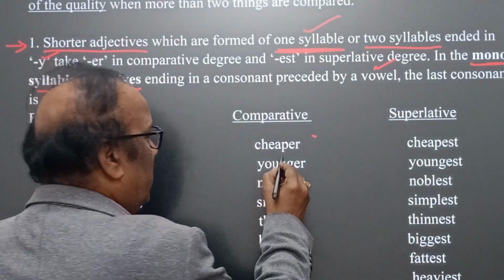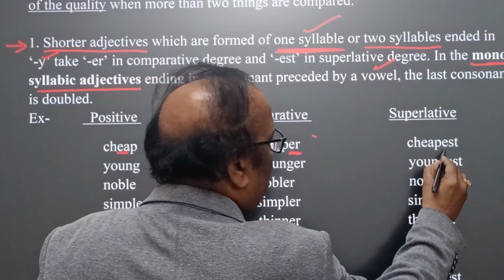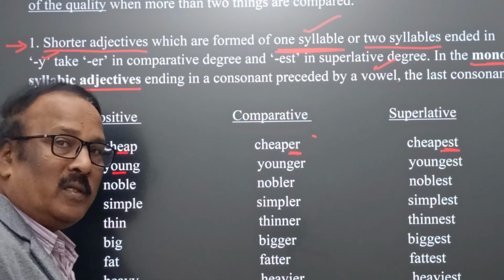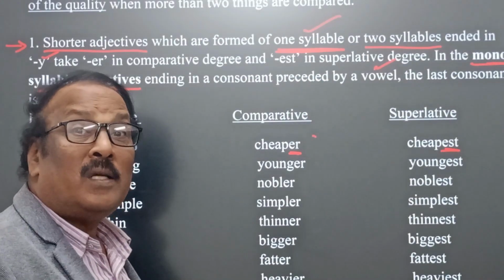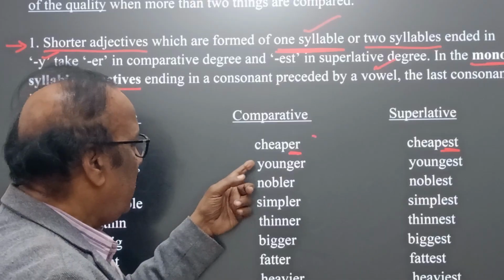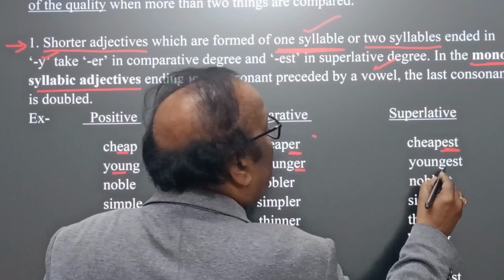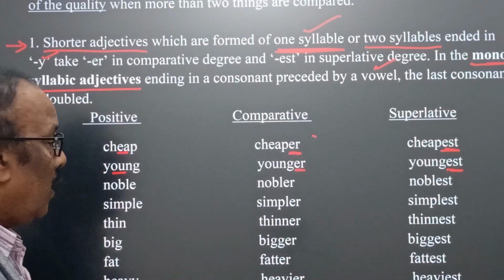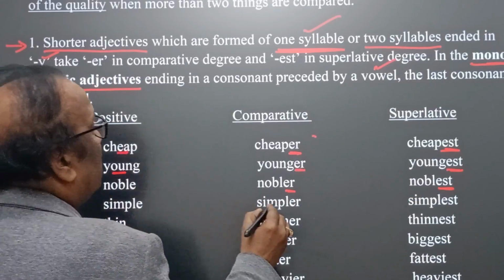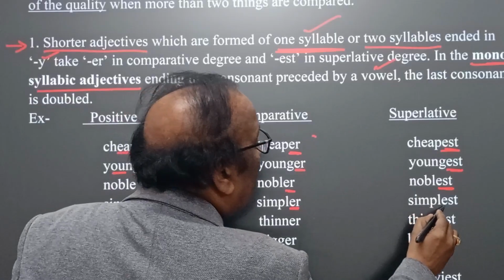Cheaper, that's why ER and EST. Okay. Young, no doubt two vowels are here, but sound comes one. Young, that's why monosyllabic. Young, younger, youngest. Noble, nobler, noblest. Again, simple, simpler, simplest.